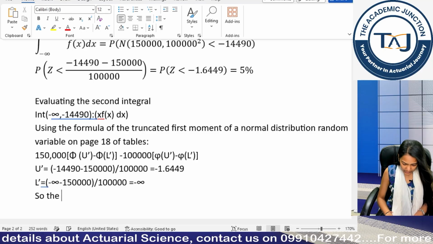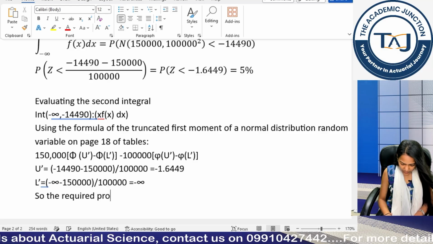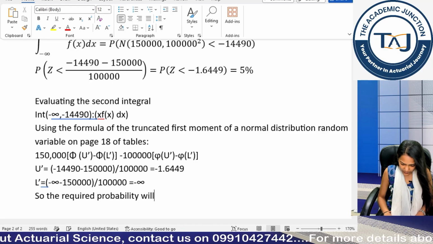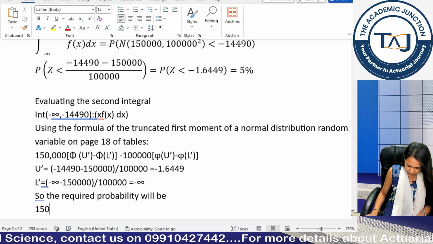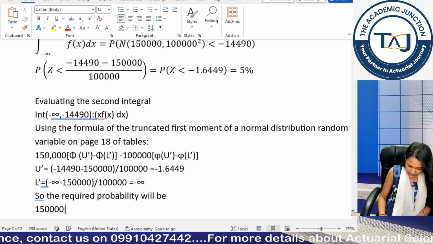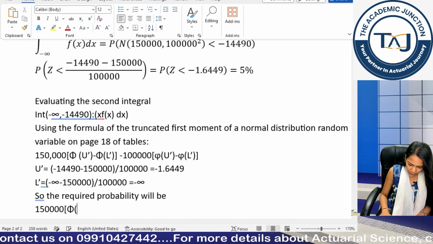So, the required probability will be, so our final probability, what will it become? This will become 150,000 brackets capital phi of what is u dash?